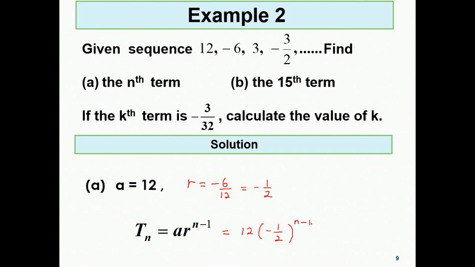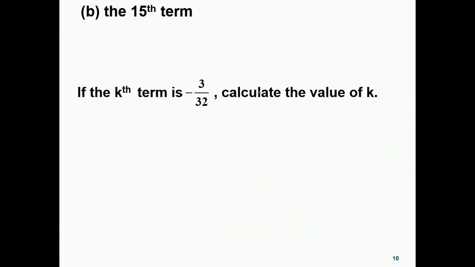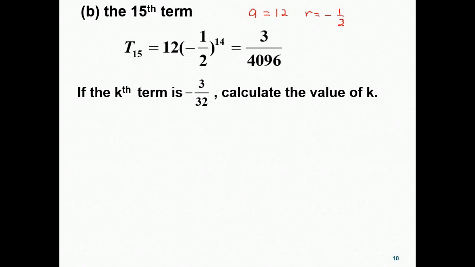By using this formula, try to solve question B. Find the 50th term. The 50th term can be found using A equal to 12, R equal to -1/2.